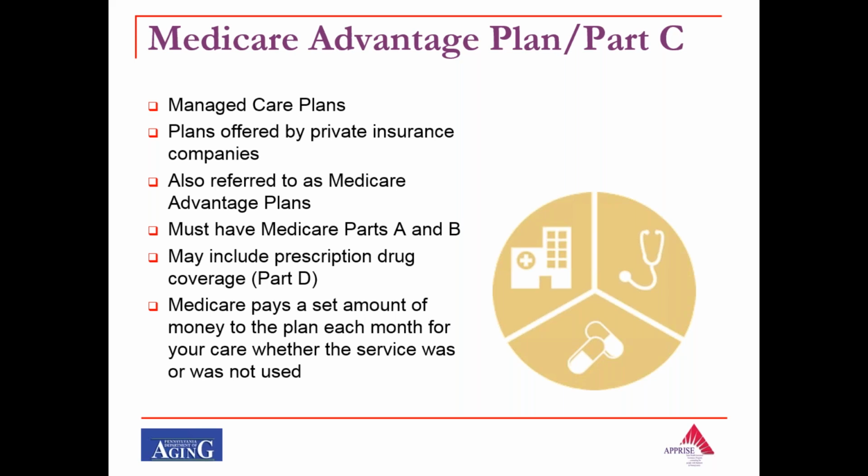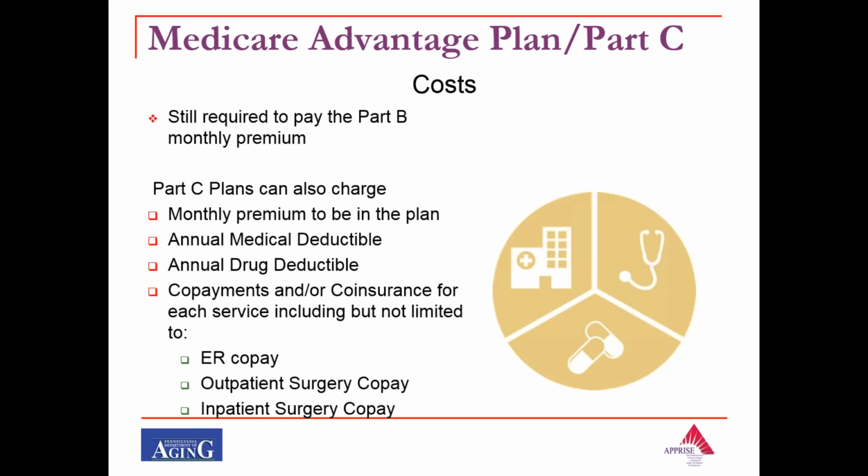Sometimes they don't, but most of the time, especially for new enrollees, the drug coverage is included. And how it works is that Medicare pays a certain amount of money each month to these plans to offer the things that you would have gotten if you had just gone with Medicare. So, some of the costs that you're going to see with a Medicare Advantage plan.